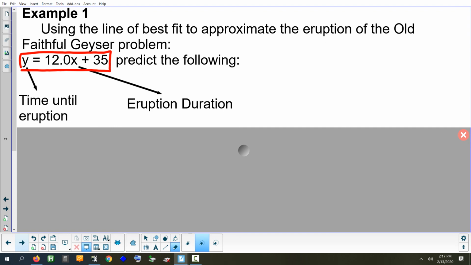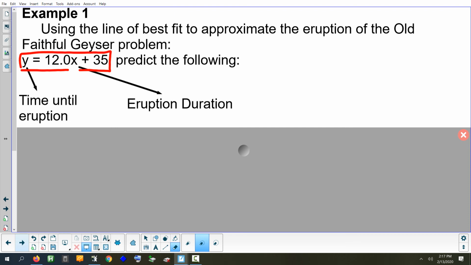A lot of people wait around to watch it and see when it erupts. This formula predicts how long you have to wait, and it depends on one thing: how long the eruption was. That's eruption duration. Because sometimes you watch for the geyser and it goes off for like a minute and it's done. Sometimes it goes off for like 5-6 minutes and then it's done.